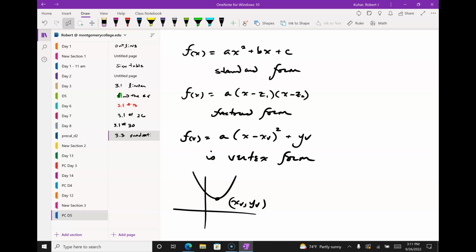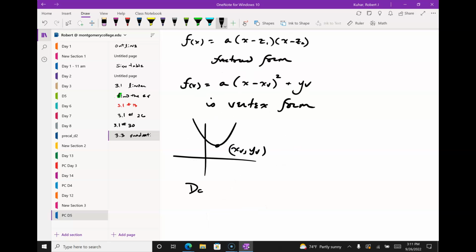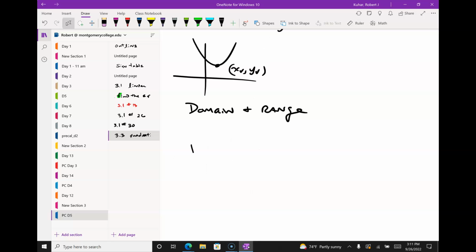We want to be able to find domain and range. So, right, this is A is positive. My domain will be everything, right? It goes incredibly wide. Takes a while, but it goes wide, right?